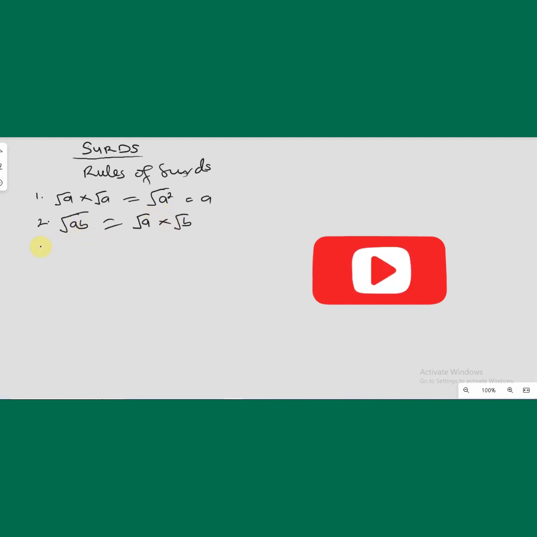So the third law: if you have, for instance, the square root of A over B, this is equal to square root of A divided by square root of B. So these are the 3 major rules of surds.